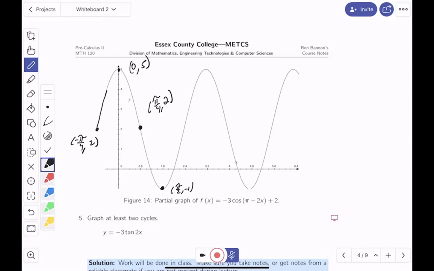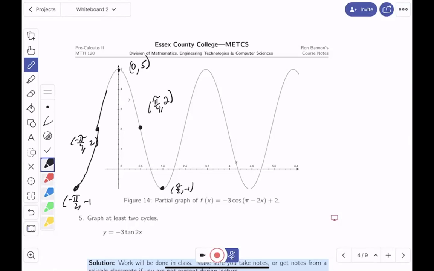You can do that. Okay. What's the next point I got? Minus pi over 2, minus 1. I'm going to say it's over here somewhere. And I'll put this over here. Not perfect, right? I'm going to start putting out other points for you.